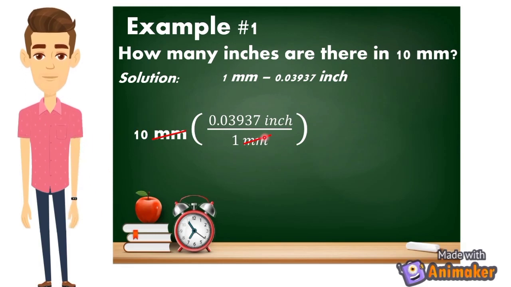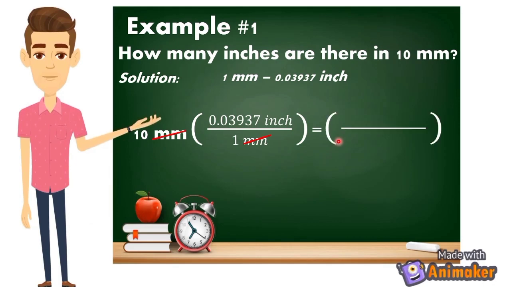Okay, now, paano yung next na gagawin natin dyan? So, we're going to multiply 10 times 0.03937 inch. So, the answer is 0.3937 inch divided by 1. So, wala na tayong ilalagay na mm dahil na-cancel na natin siya sa una pa lang na procedure or step.